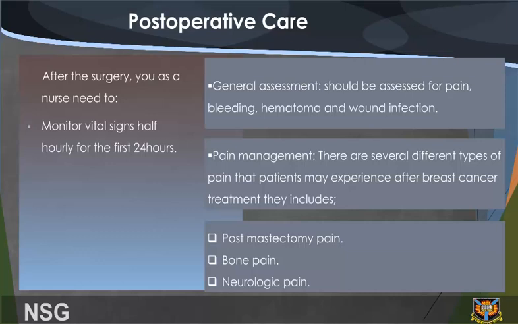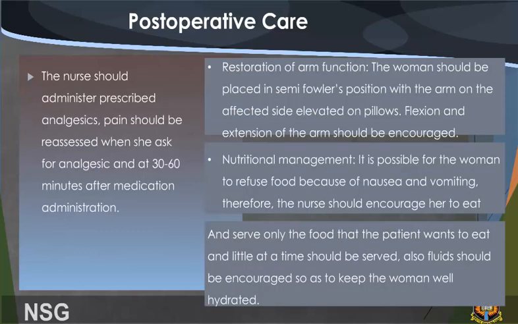They include post-mastectomy pain, bone pain, and neurologic pain. The nurse should administer prescribed analgesics. Pain should be reassessed when she asks for analgesic and at 30 to 60 minutes after medication administration.